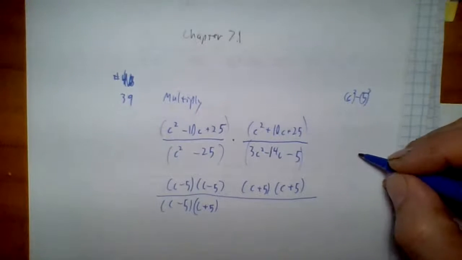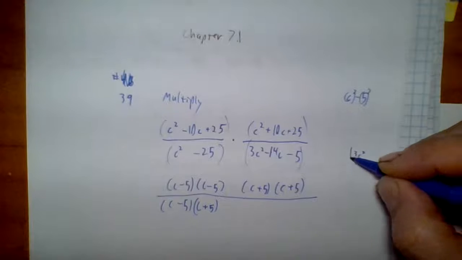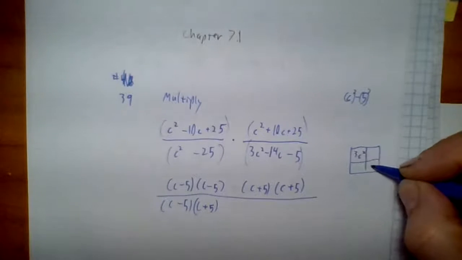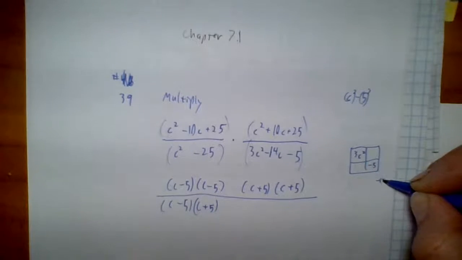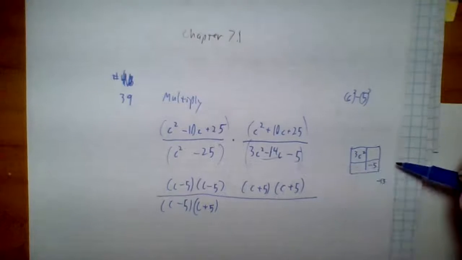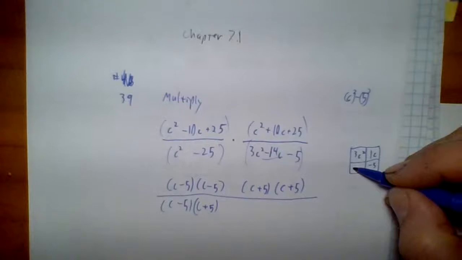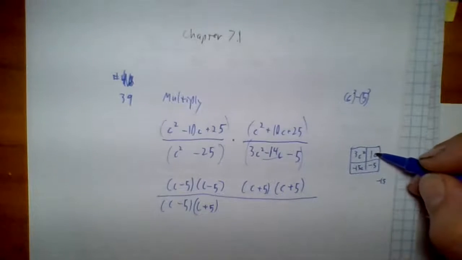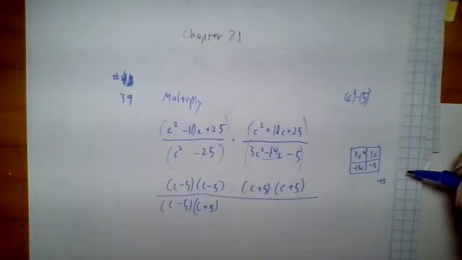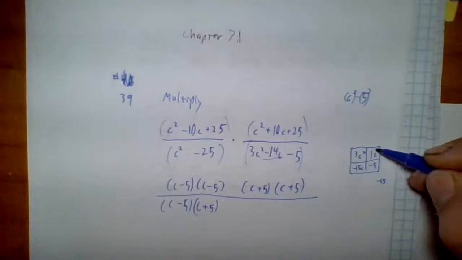Let me work this off to the side. I would have to think about numbers that multiply to negative 15, but add up to negative 14. So those numbers are positive 1 and negative 15. So these terms are 1c and minus 15c. Those are the numbers inside the box.